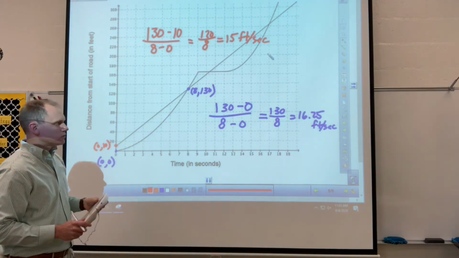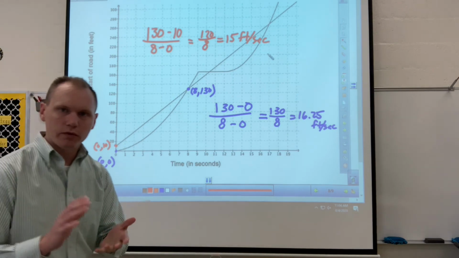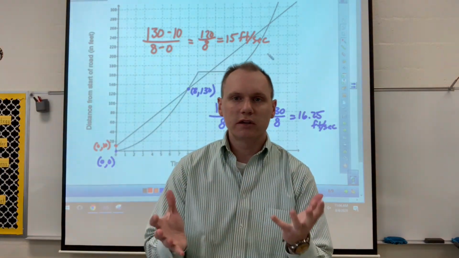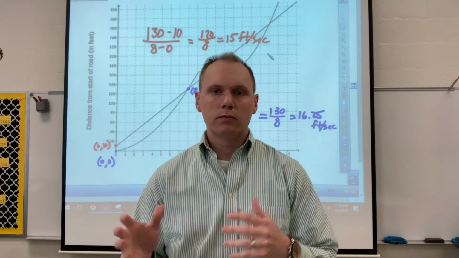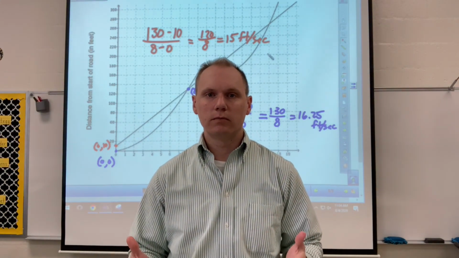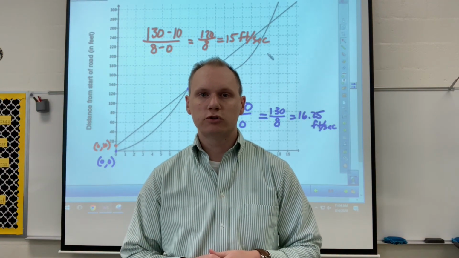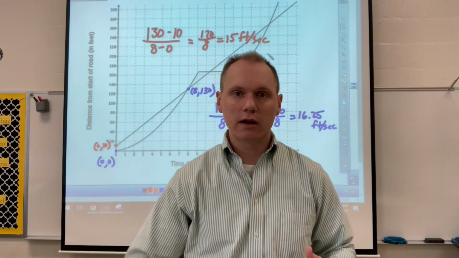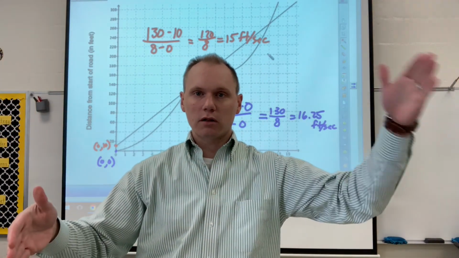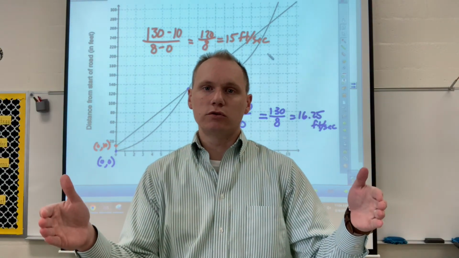All right. So another scenario I want to give to you, and we'll finish up here, is a real life example of average rate of change. Years ago, police did not have the radar guns that could track how fast you're traveling in a car. So what they would do is put a chalk line in the road over here, and put a chalk line in the road over here, and they would know the distance in between those two chalk lines.